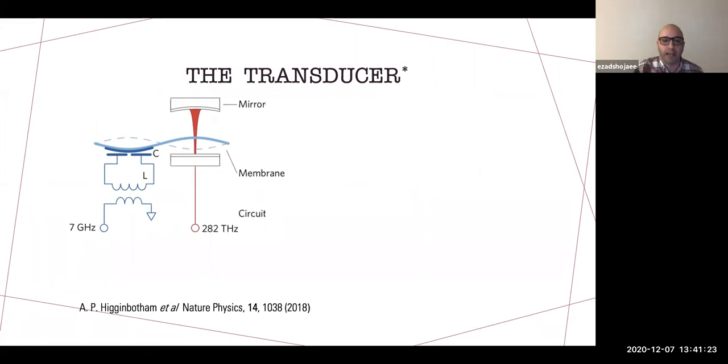As you see, there is a mechanical resonator here, which modifies both the resonance frequency of this Fabry-Perot cavity as well as the resonance frequency of this LC circuit. That's how this device connects the excitations between the microwave and optical. Notice the difference between the frequencies that we are working with here, gigahertz and hundreds of terahertz. So that's where the magic happens actually.